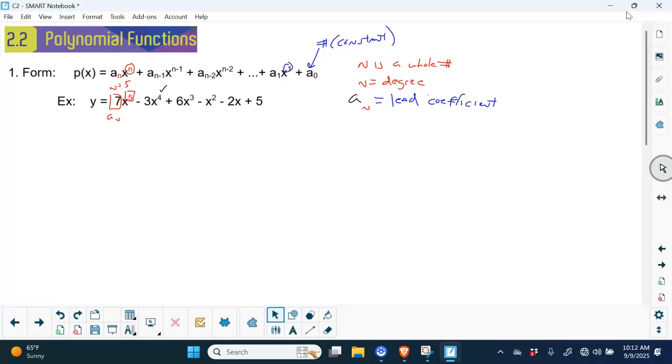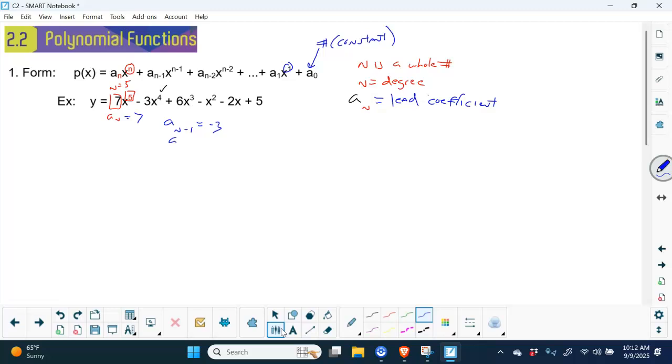All right, so again, we've got the example here. With our example, n equals 5, a sub n would be the 7, right? a sub n minus 1 would be the negative 3, right?